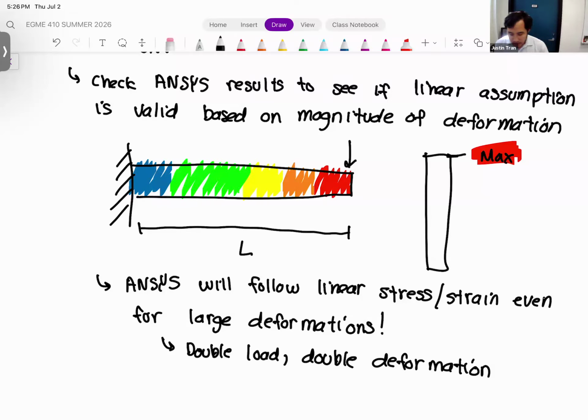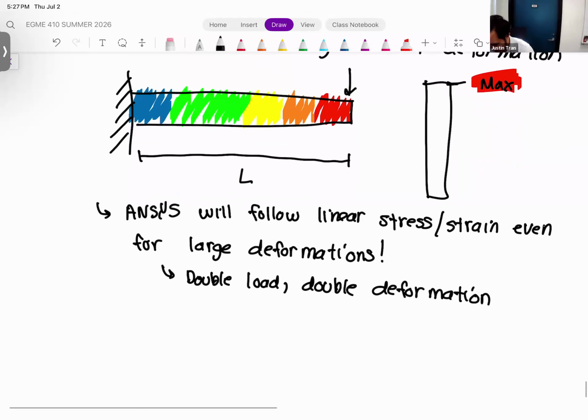Okay. So if you want specific thresholds, of course, it's going to depend on your specific application. But the threshold that I typically use to give a back-of-the-napkin estimation of whether these results are reasonable is I check to see whether the maximum deformation is within 10% of, let's say, the maximum length of your entire structure. Okay.